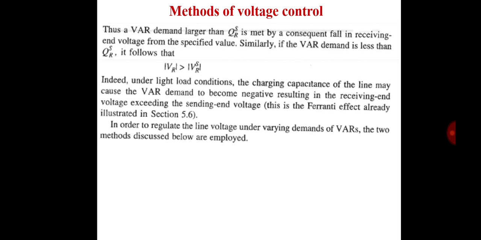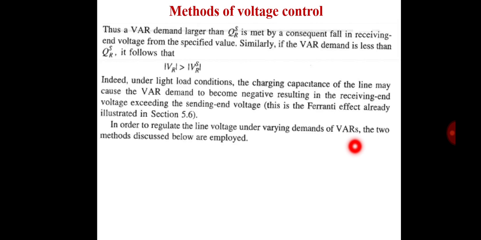Now, a VAR demand larger than the specified reactive power is met by a consequent fall in receiving end voltage from the specified value. Similarly, if the VAR demand is less than the specified receiving end reactive power, it follows that VR is greater than the specified receiving end voltage.